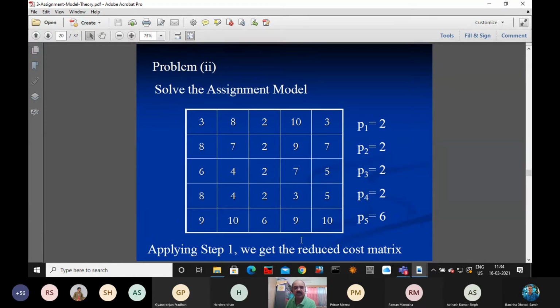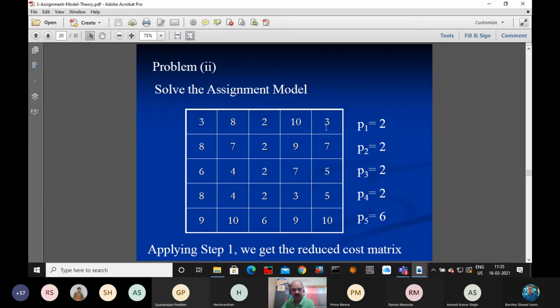I will request everybody to draw this assignment matrix and parallelly solve it, parallelly calculate and observe what is happening. You can notice whether this assignment, using the steps we have followed already, is different.